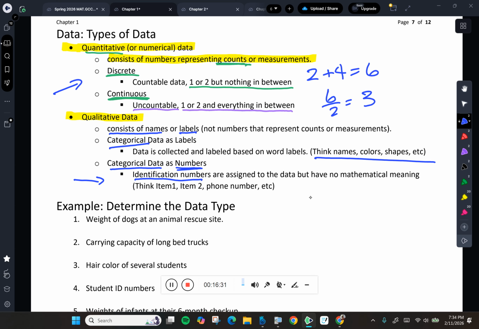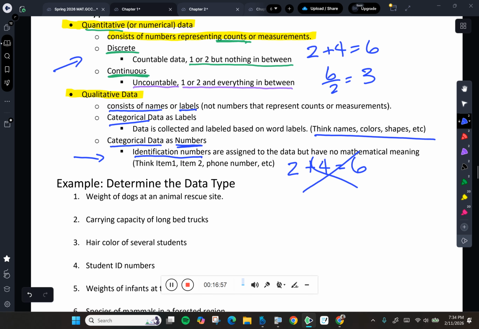And that would make sense because I could add the 2 together and divide by 2 and get 3. If one person's employee number is 2 and another person's employee number is 4, and I add them together, do I get an employee number of 6? That doesn't make any sense. So that would mean that those aren't numbers in the quantitative sense. They're numbers in the qualitative sense.